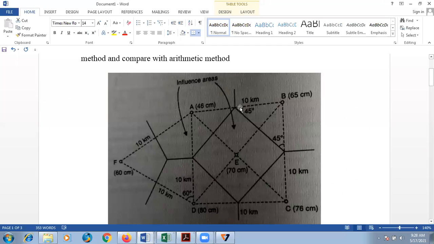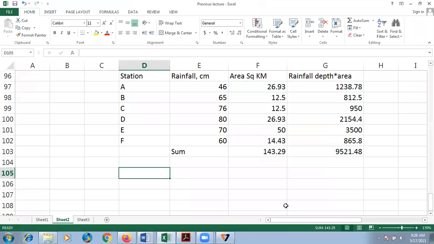Therefore, the sides of this triangle adjacent to B are 5 kilometer by 5 kilometer: 5 kilometer width, 5 kilometer height. Taking the area of the triangle, half base into height, half base is 5 kilometer and height is 5 kilometer. It becomes 12.5 square kilometer, so I have indicated that 12.5 square kilometer against B.